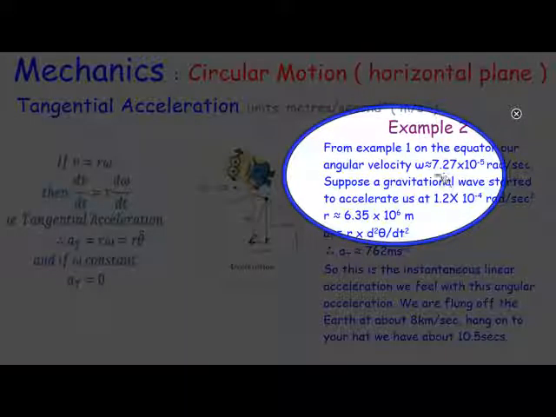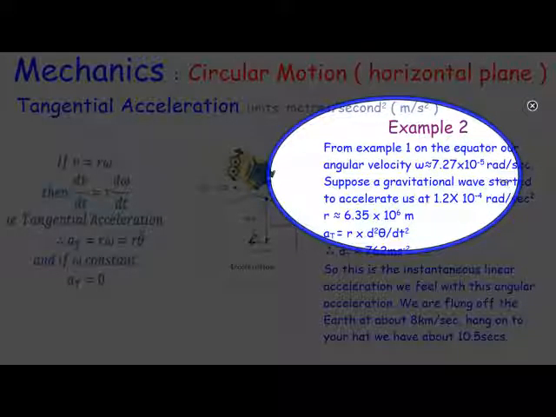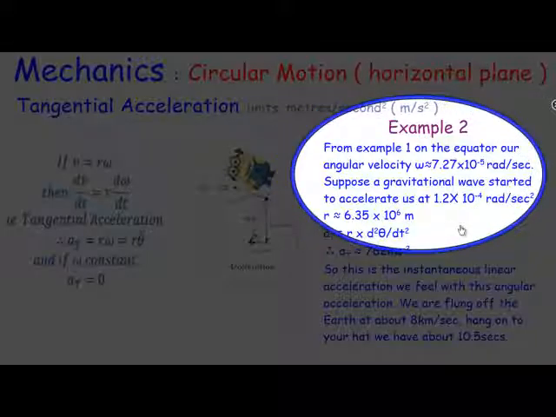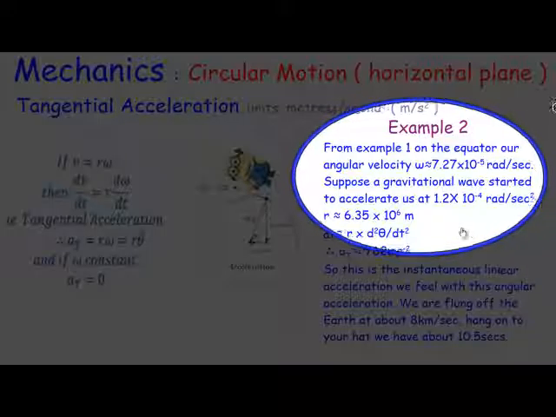Now, I discovered just recently about these gravitational waves. I thought we'll just say, let's suppose for some unknown reason a gravitational wave started to accelerate the Earth. I just made up some sort of acceleration of about 1.2 times 10 to the minus 4 radians per second squared, which is pretty quick actually.